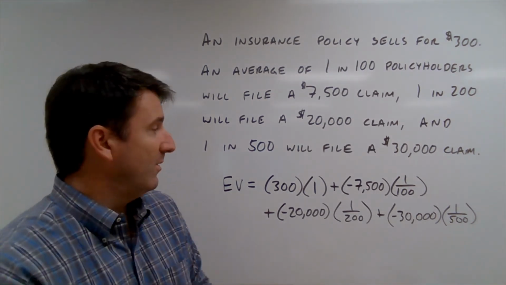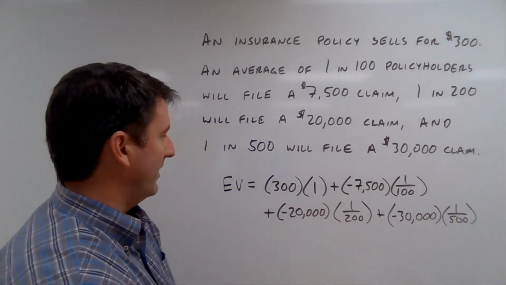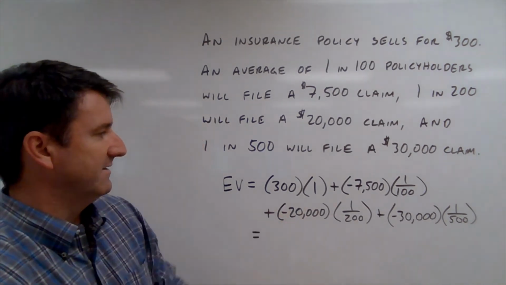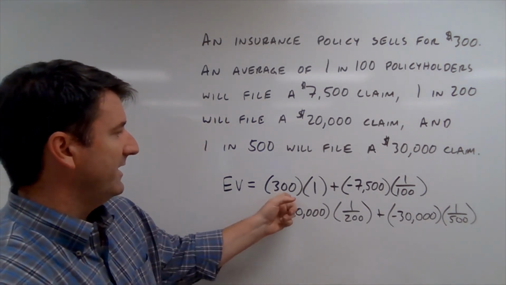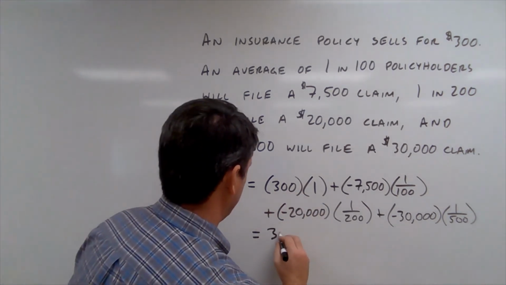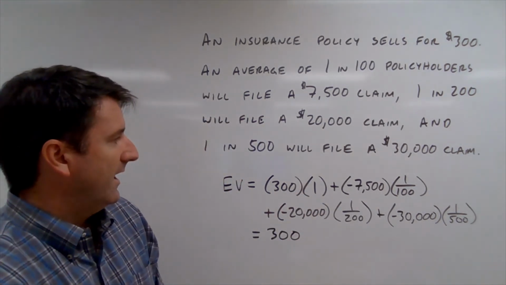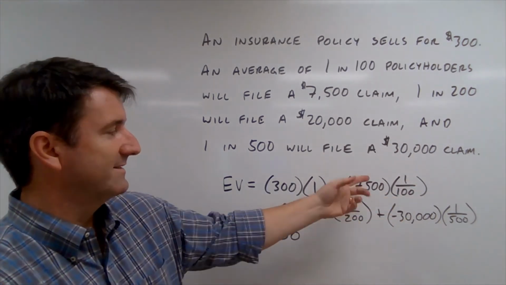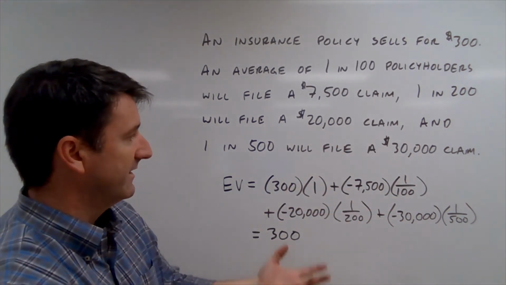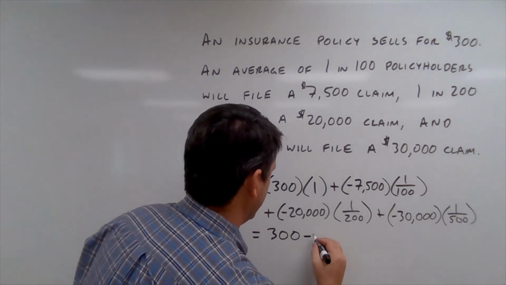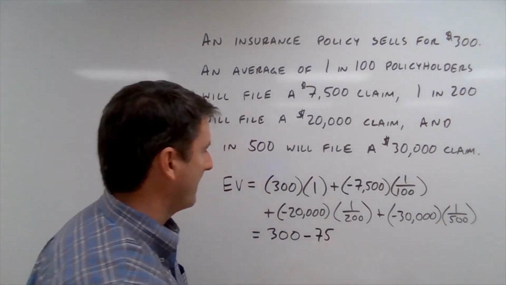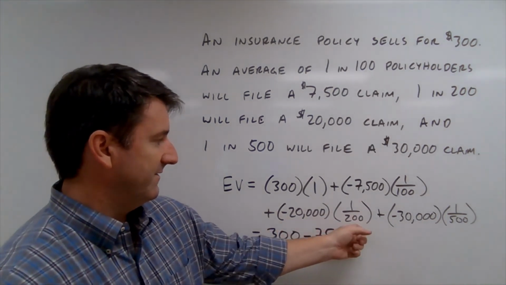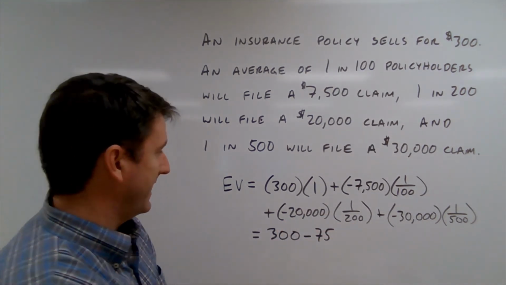All right, so now we're ready to add up all of these expected values. So 300 times 1 is 300. Negative 7,500 times 1/100th, that's the same as negative 7,500 divided by 100, so that's negative $75. Negative 20,000 divided by 200 is negative 100.